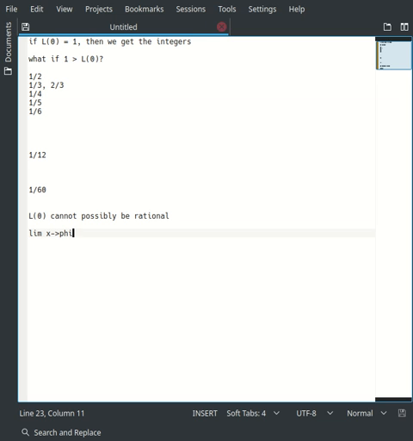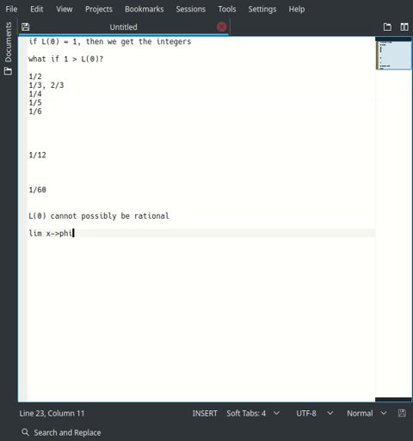So either you end up with this being your situation, or this being your situation. Either L naught is 1, and you have the integers, and any fraction with 1 in the numerator is nonsense, and any fraction with 0 in the denominator is just nonsense. They don't make sense. They're complete gibberish.